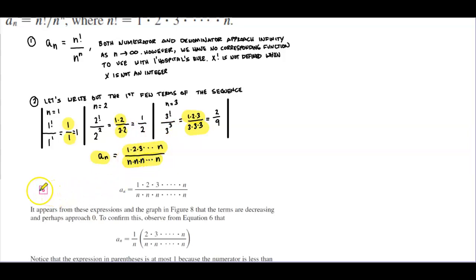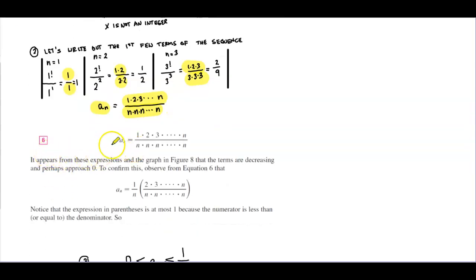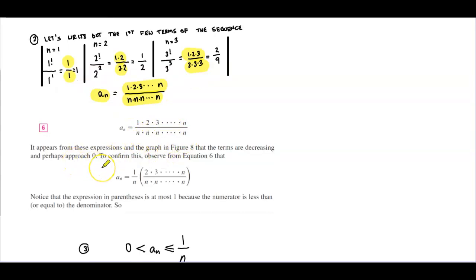So that's going to create our formula for equation 6. This is our sequence a subscript n, which is equal to 1 times 2 times 3 all the way to n, divided by n times n times n all the way to n. So it appears from these expressions and a graph that the terms are decreasing and perhaps approach 0.